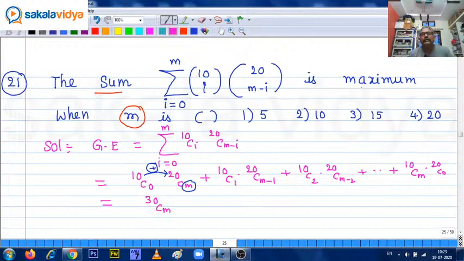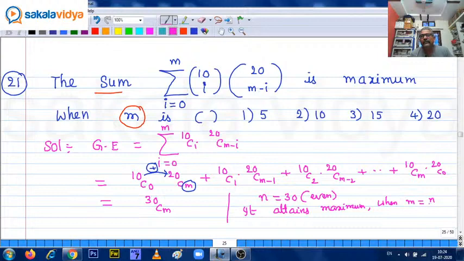Now, for which value of m is 30Cm maximum? Maximum means you take n equal to 30. This is an even number, so it attains maximum when m is equal to n by 2, that means 15.